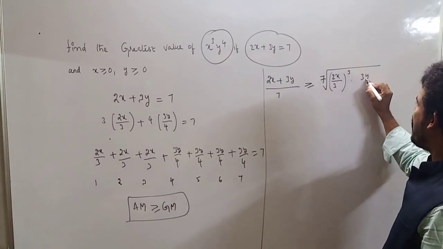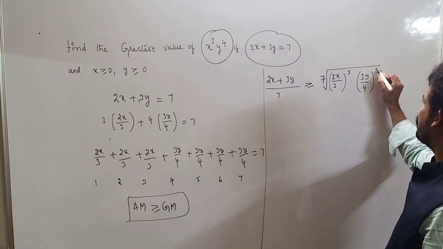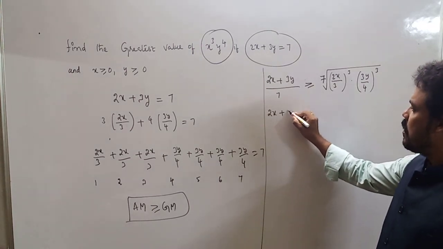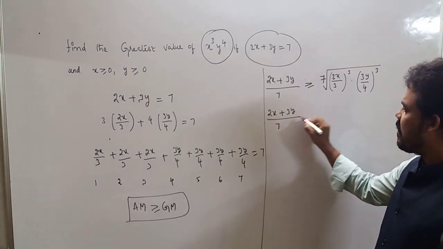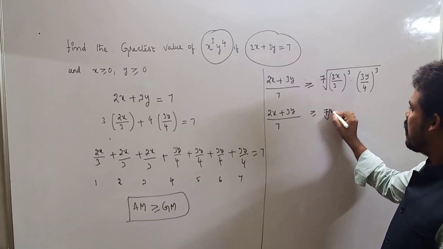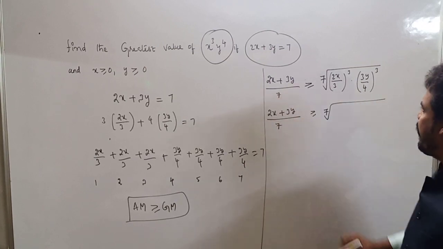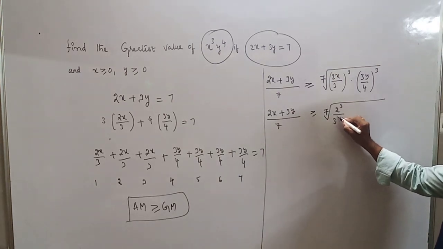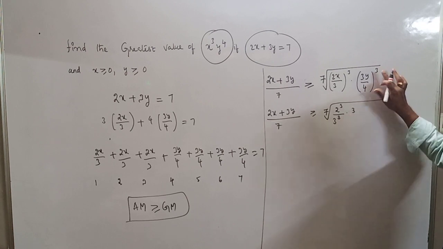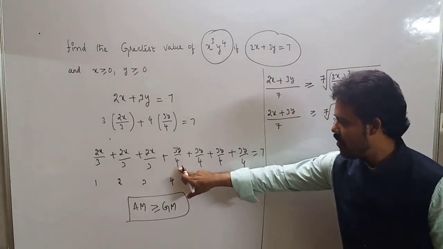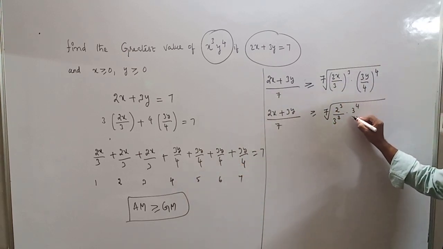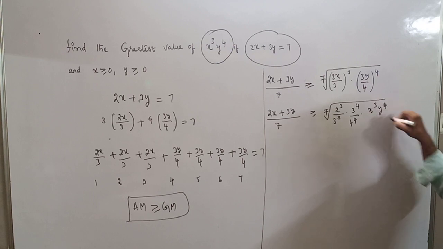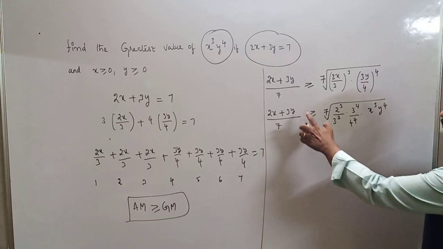Similarly, 3y/4 whole power 4. Now, I write this as (2x plus 3y)/7 greater than or equal to the 7th root of 2 cube, first I write constants, by 3 cube, into 3 power 4 by 4 power 4, into x cube y power 4.